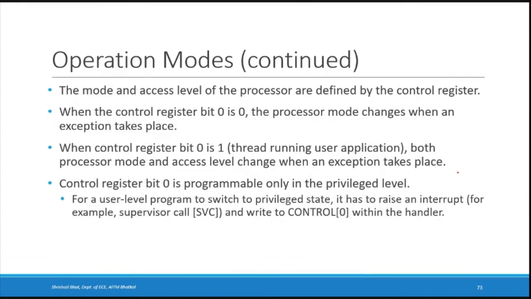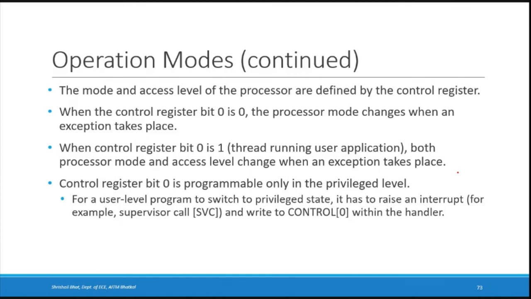And the mode and the access level of the processor are defined by the control register that we have seen yesterday while discussing the control register, right? The operation mode and privilege access of the processor are defined by the control register. When control register bit 0 is 0, the processor mode changes when an exception takes place, right?